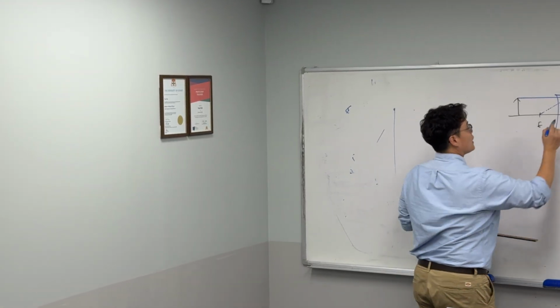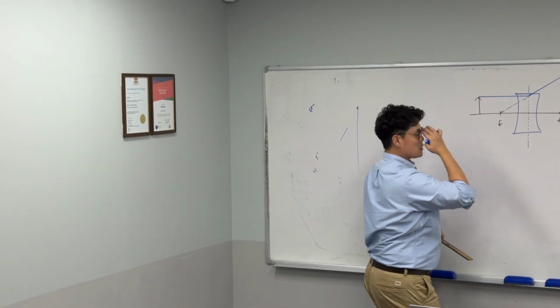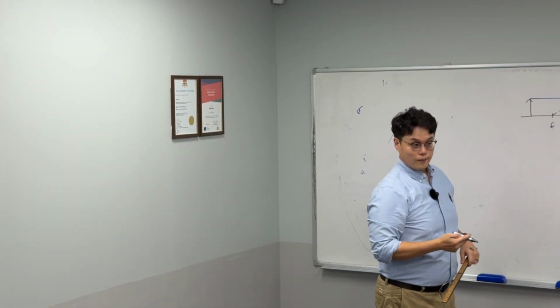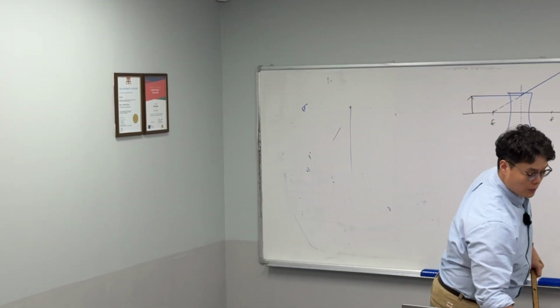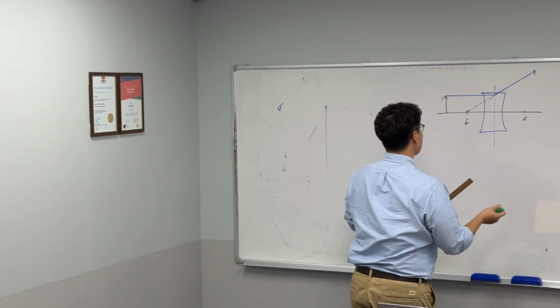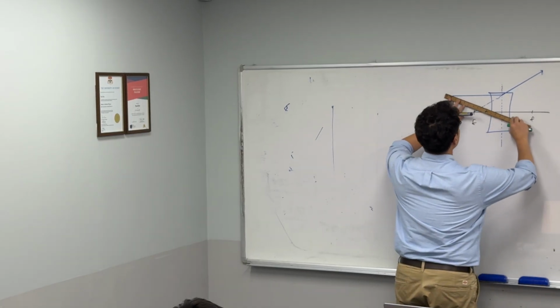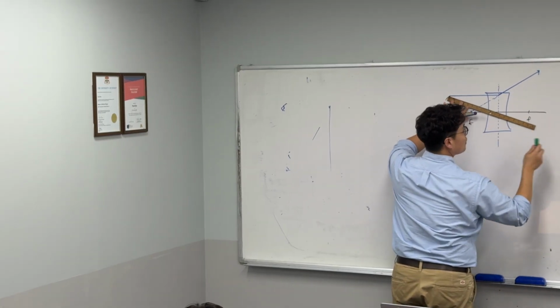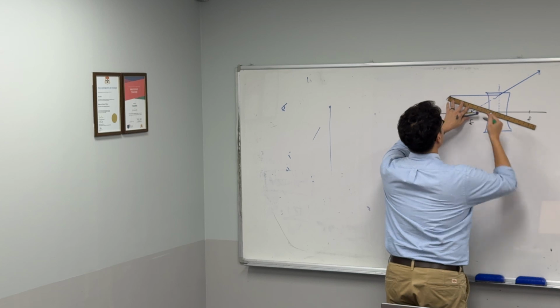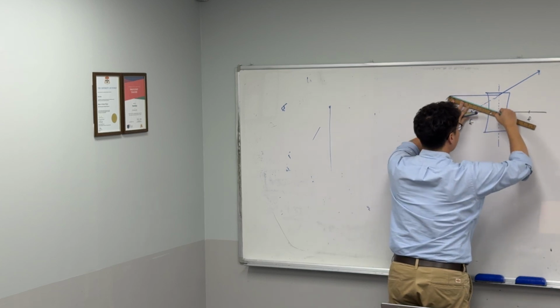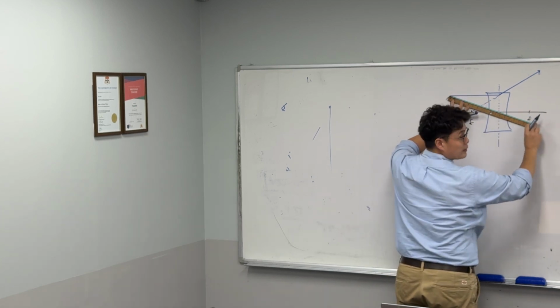Okay, still using the focal point. All good. Ray 2, in the middle, goes through the center. It will actually pass through the center here like this too.